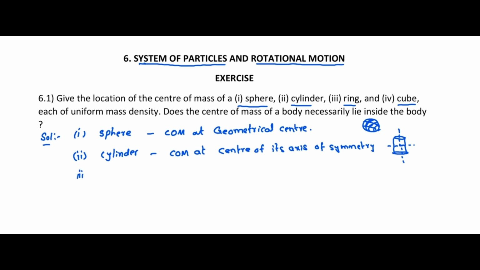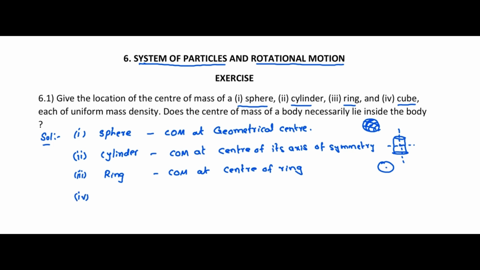Coming to 3. For a ring, center of mass will be at center of the ring only. So at the center.